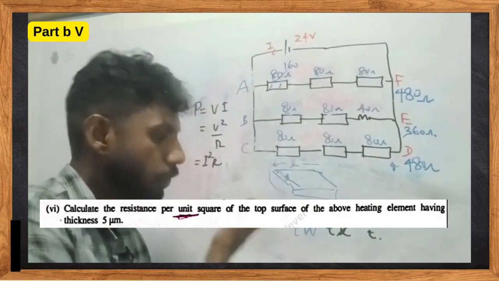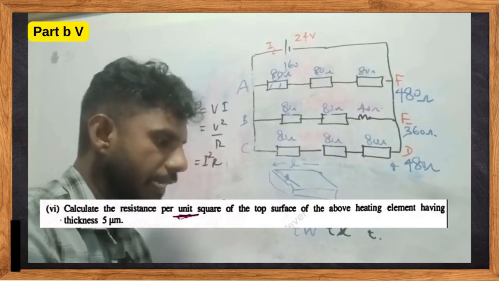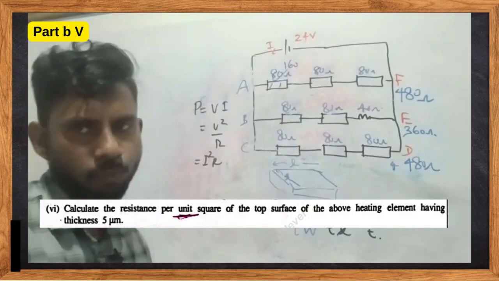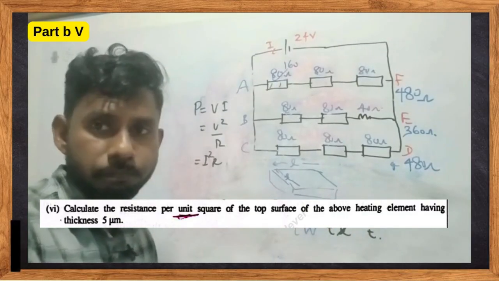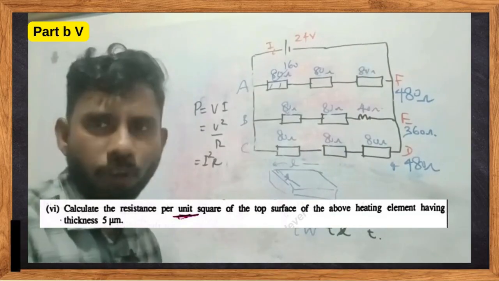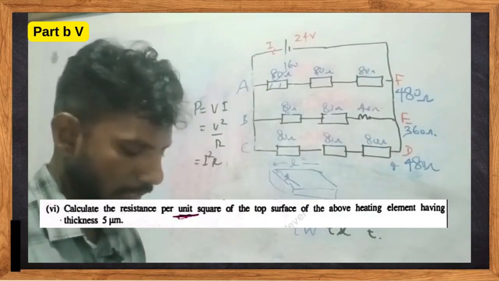Calculate the resistance per unit square of the top surface of the above heating element having thickness 5 micrometers. Now we know square, it's independent from the surface, so just simply you have to apply rho and T over here.